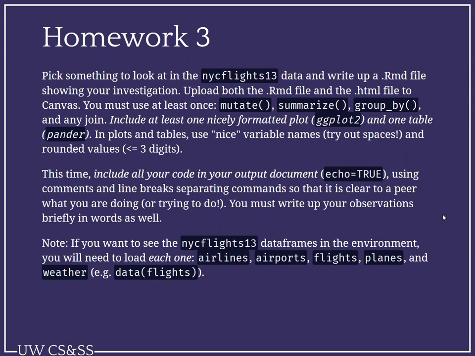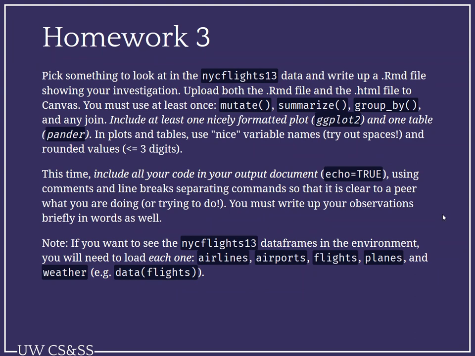Include at least one nicely formatted plot and one table. In plots and tables, use nice variable names. So maybe try out spaces, put them in backticks, and make sure that things are rounded to 3 digits or less. This time include all of your code in your output document.